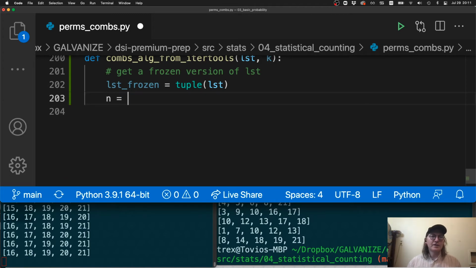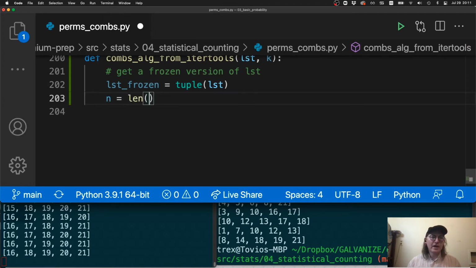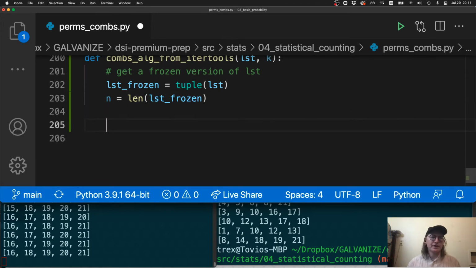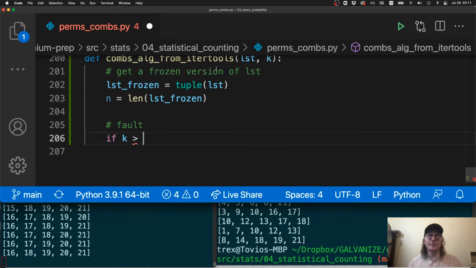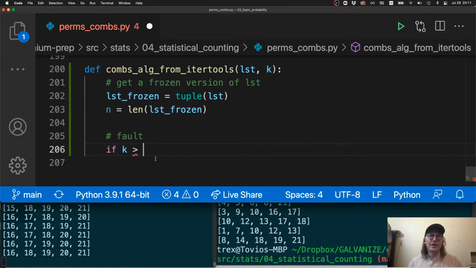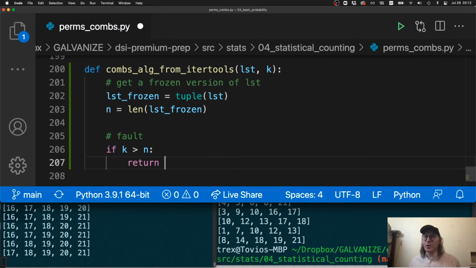And n is going to be the length of list frozen. That just makes sense. We're thinking n choose k. That's just how many items we're dealing with. There's a little bit of fault control I'll do here, where if our k specified in the function header is greater than n, then something's broken, right?